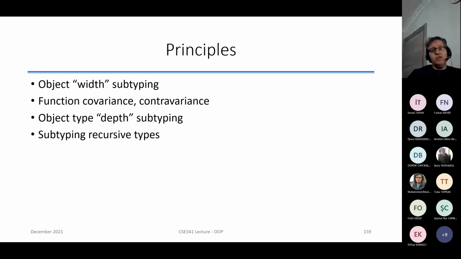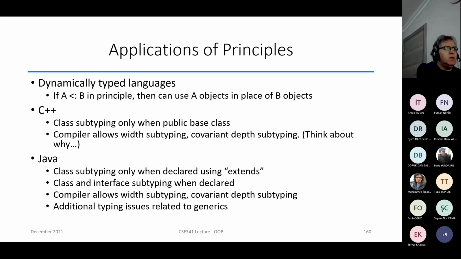If you think of an array as a function, then that has a covariance relationship.